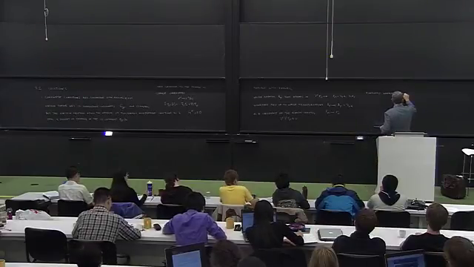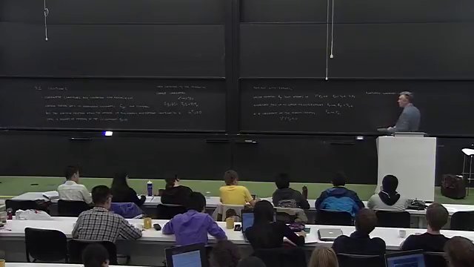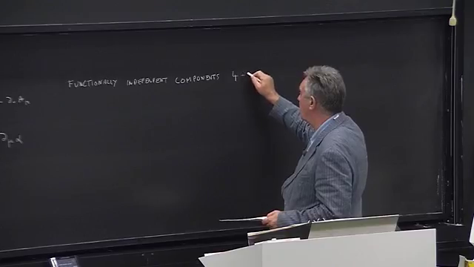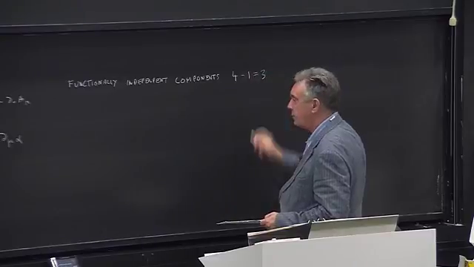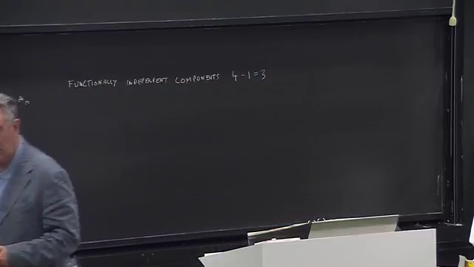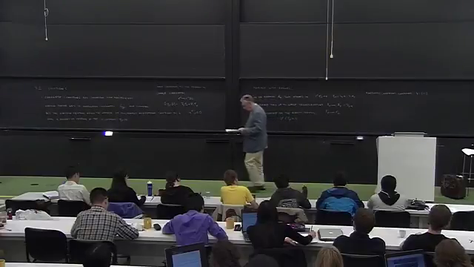So here the counting is, as opposed to 10 minus 4 equals 6, here we've got 4 minus 1 equals 3. So there's this 1 degree of freedom in defining the Maxwell field.